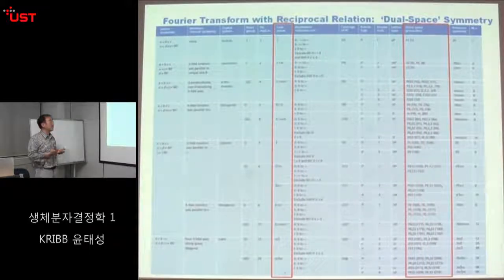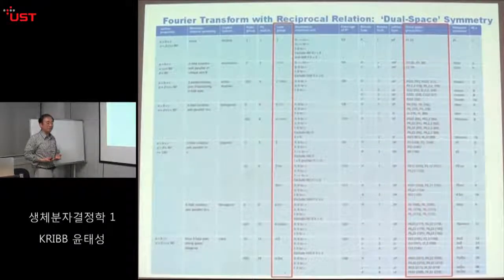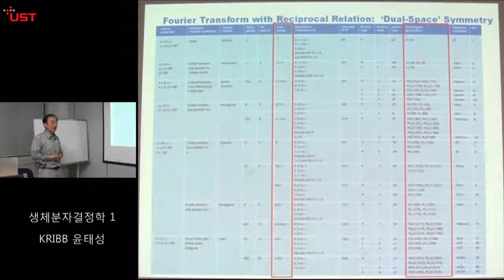We should use these symbols for data collection, or interpreting the result of data collection, and to determine crystal structures out of our diffraction data. That will be the next topic.